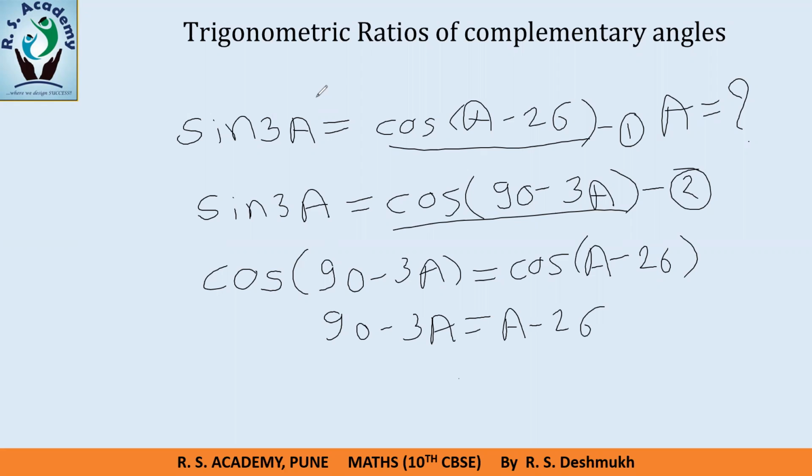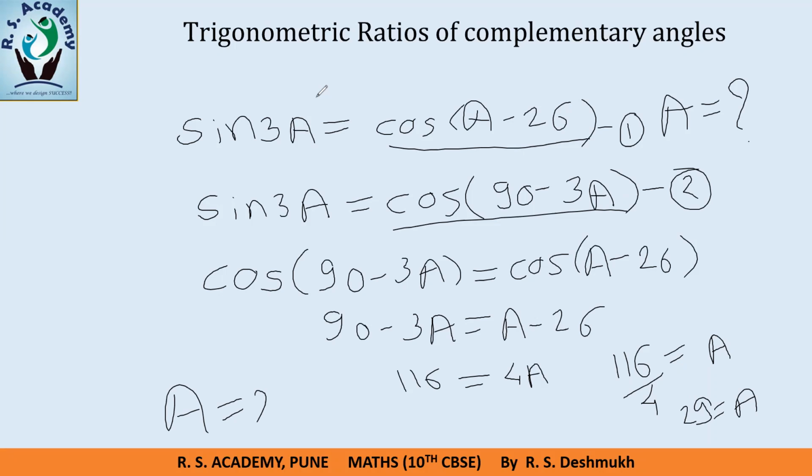So I will just change the sides. 3a will move on this side, so a plus 3a will become 4a, and 90 plus 26 will become 116. So 116 upon 4 is equal to a. I think it will become 29. So a is equal to 29 degrees.